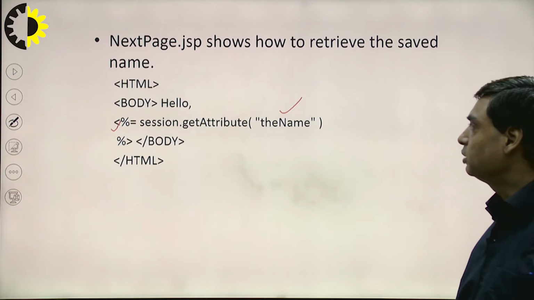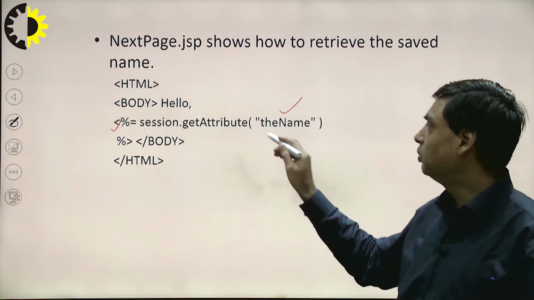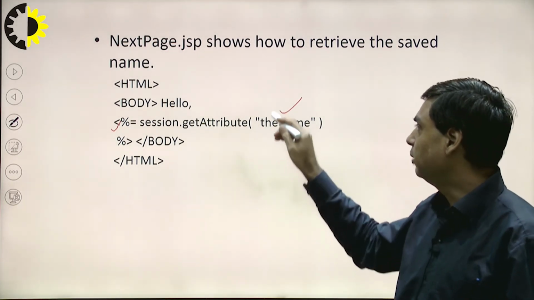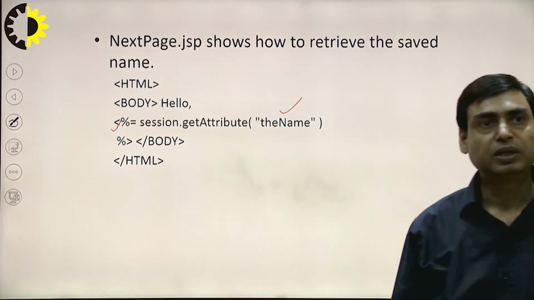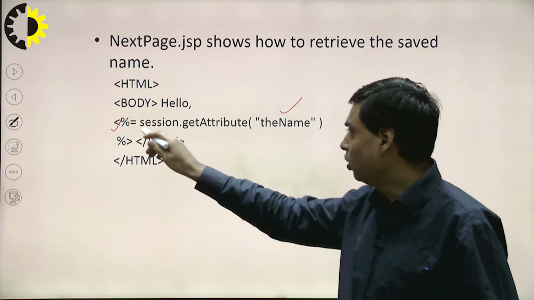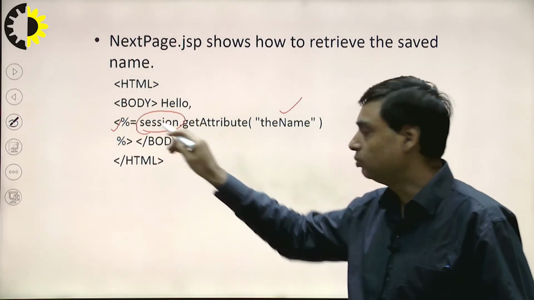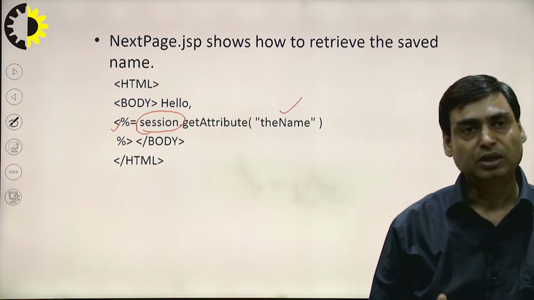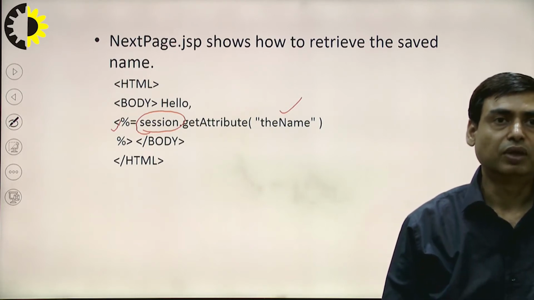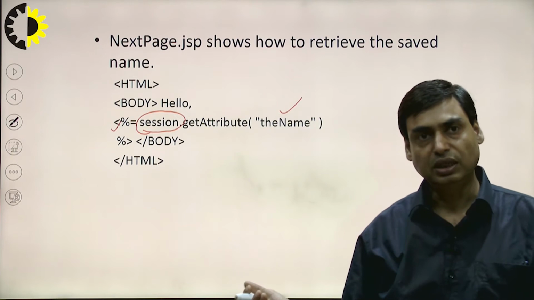When we move to the next page.jsp, we can retrieve the value with the value the name, and the value will be displayed to you. So with the help of this session object, which is an implicit object already available, we can take the value from HTML, store it in a session, move to another page, and retrieve the value.